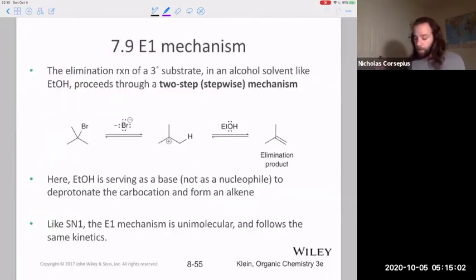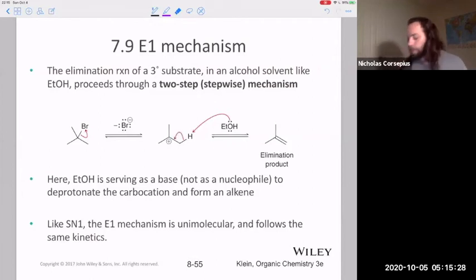And an E1 is sort of no different, except you get the elimination product, but that first step is that loss of that leaving group, that carbocation intermediate. What's different is what happens next. Instead of your nucleophile attacking that electrophilic carbon, it actually reaches over and grabs that hydrogen on the beta carbon.